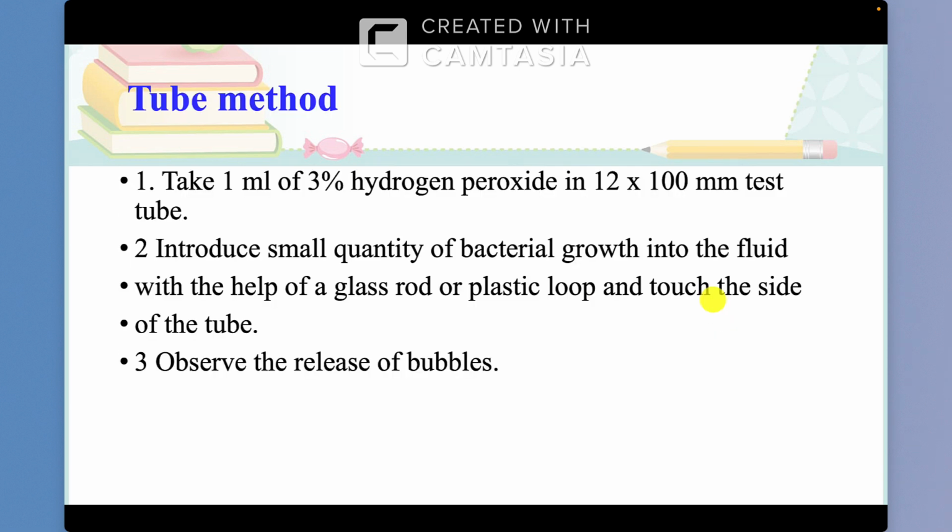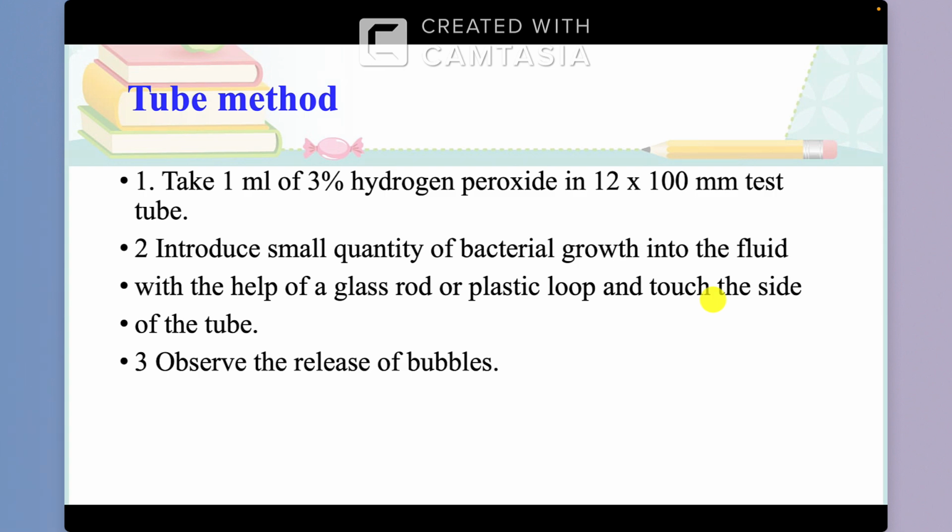In the tube test, I put 1 or 2 milliliters of hydrogen peroxide, either undiluted or 3% hydrogen peroxide, in the tube, take a colony by loop from the culture media, put it in the tube, and observe.